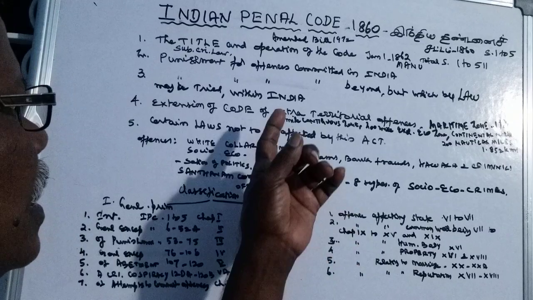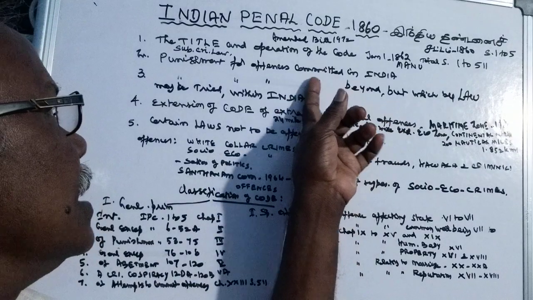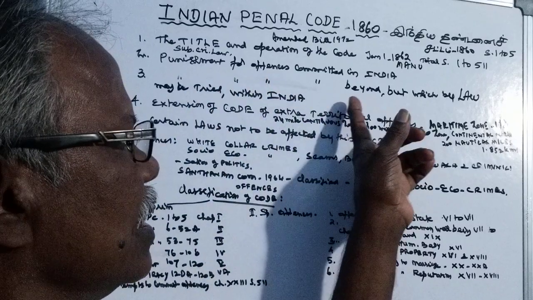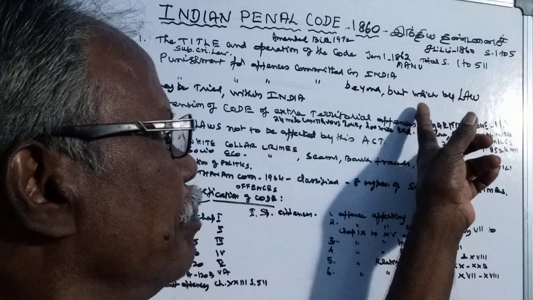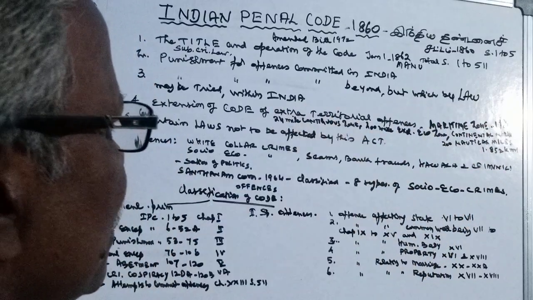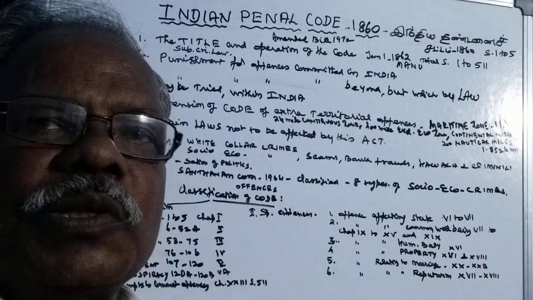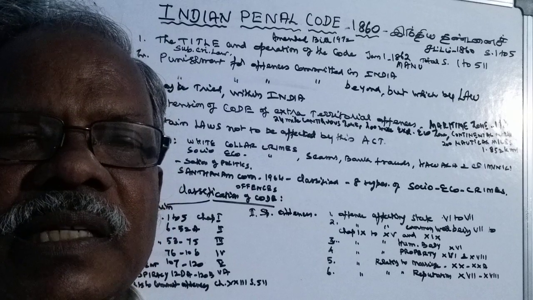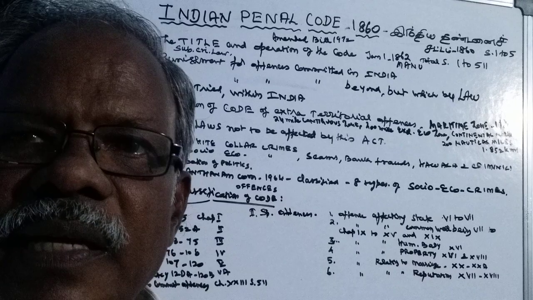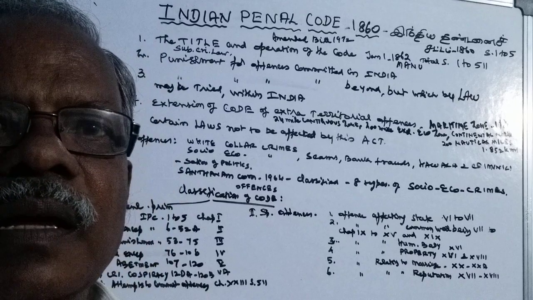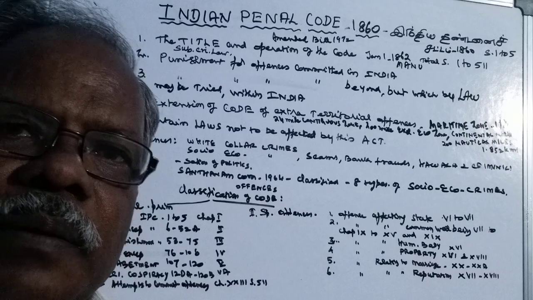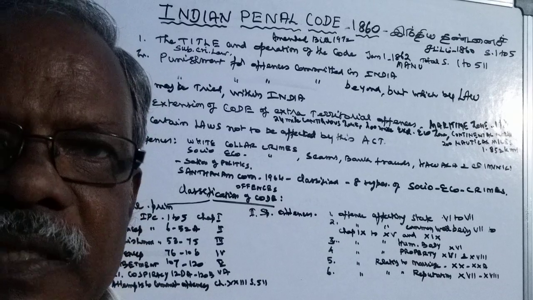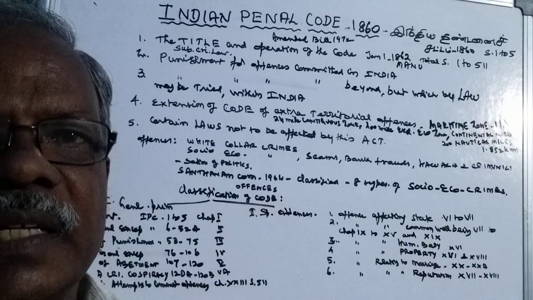And then the third one, the punishment for offences beyond India but which by law may be tried within India. Suppose an Indian citizen commits an offence in a foreign country, it can be tried in India as if the crime was committed in India.